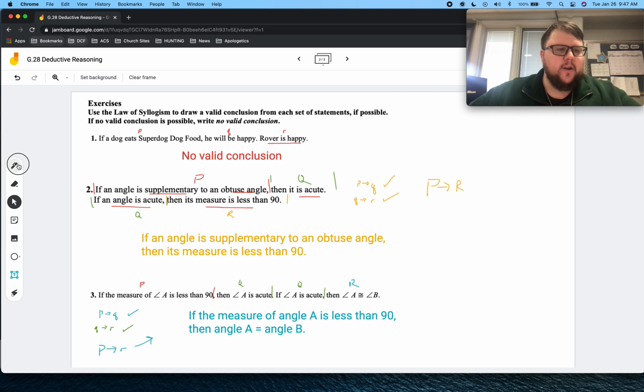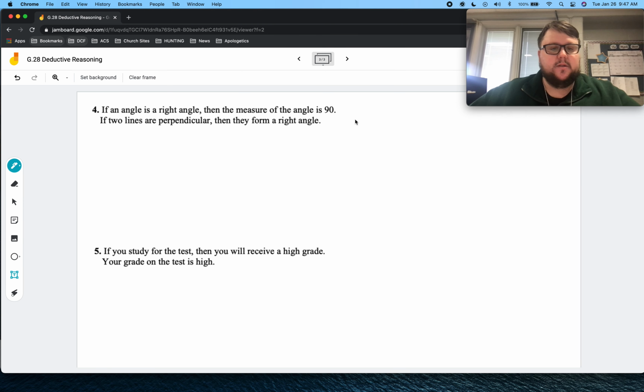And then I'll draw in the squiggly for us. Then angle A is congruent to angle B. So if the measure of angle A is less than 90, then angle A is congruent to angle B. And that's our statement.